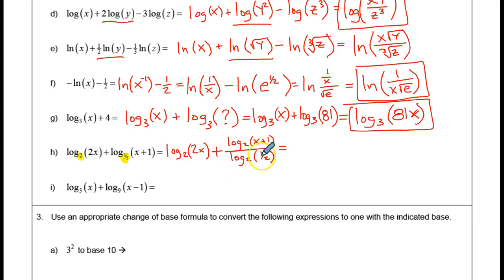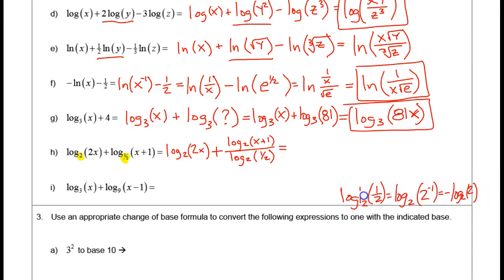Well, let's see, 1/2 is 2 to the negative 1 power. So I think the log base 2 of 1/2 is equal to the log base 2 of 2 to the negative 1, which equals the opposite of log base 2 of 2.